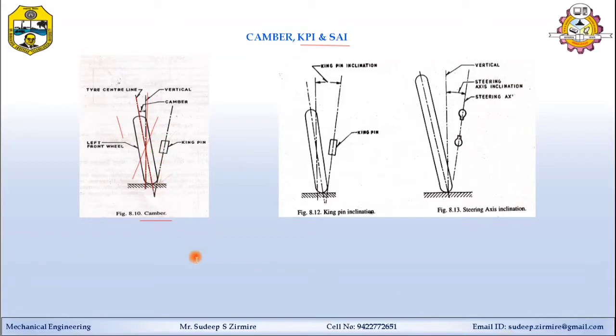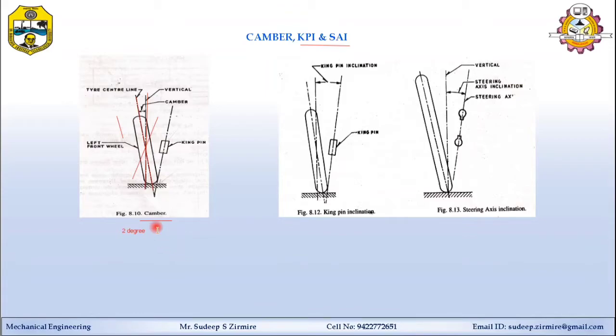The rear will have zero camber, but in case of rear independent suspension, it is designed and mostly kept negative. So what are the effects of this camber?